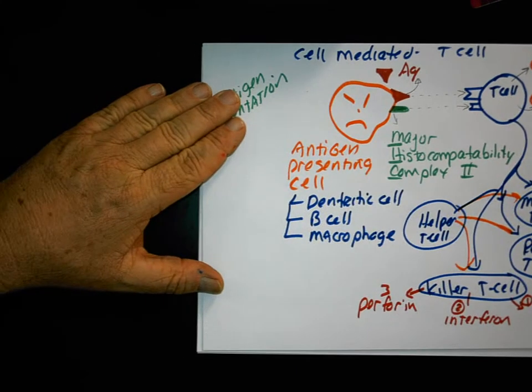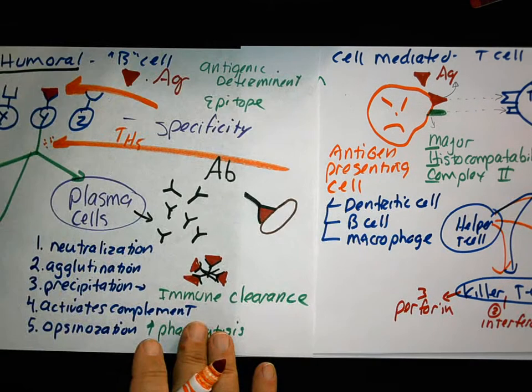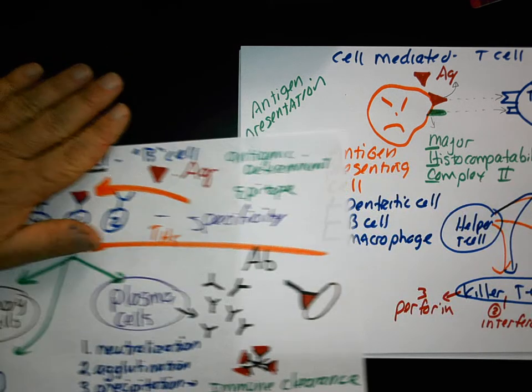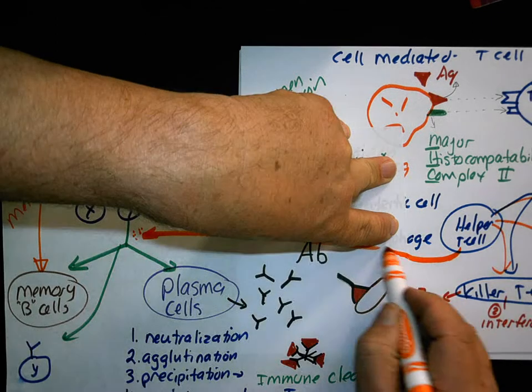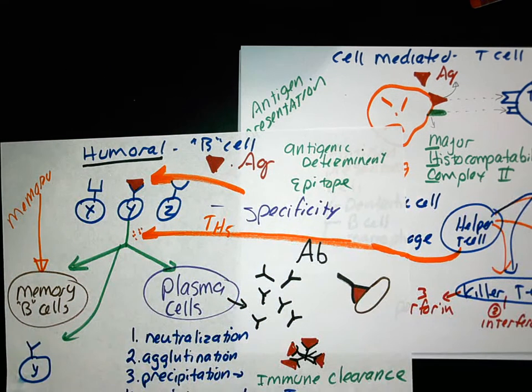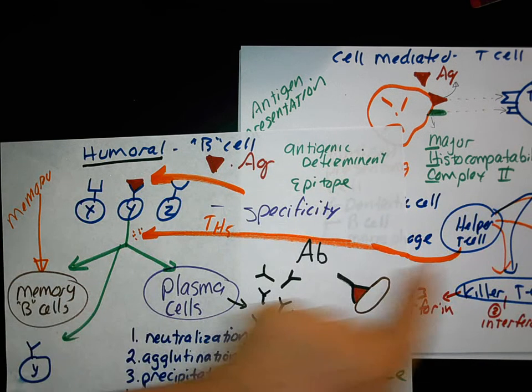They also help with the B cells. Remember I said earlier that the B cells have to become activated or have to be put in overdrive. That T cell does that. That comes from the same helper T cell here.